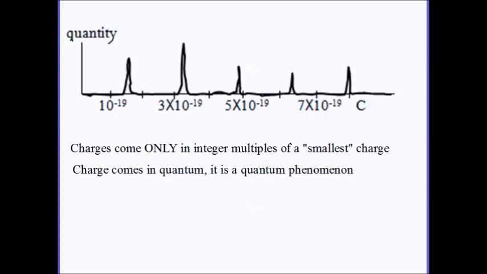All of these values I'm getting seem to be multiples of this value, which seems to be about 1.6 times 10 to the minus 19 coulombs. Surely you recognize that number. I want you to put it on your worksheet. What is that number that we have twice of and 3 times of and 4 times of?